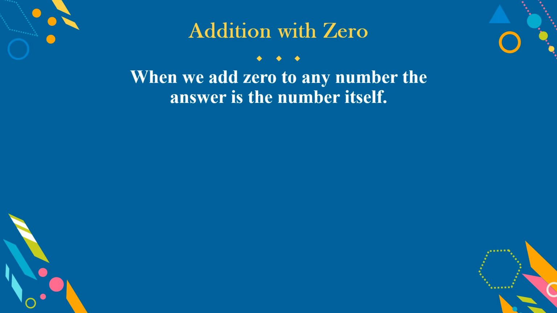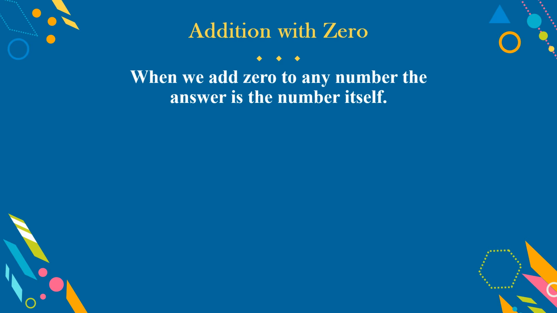In lecture 6, we have concluded when we add 0 to any number, the answer is the number itself. यानी 0 को जब भी किसी नंबर में ऐड करते हैं तो आंसर वो नंबर खुद ही होता है. उस नंबर में कोई चेंज नहीं आता.